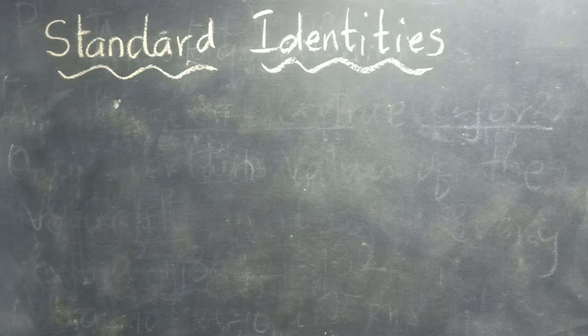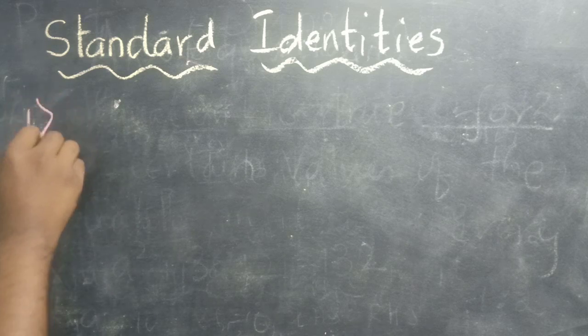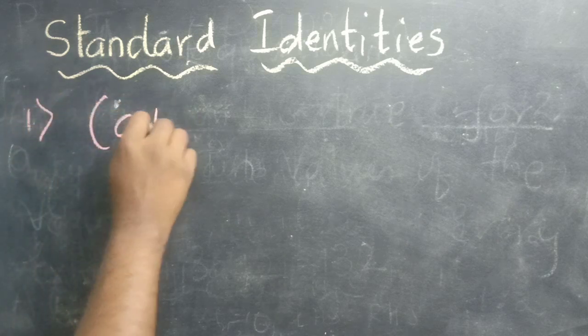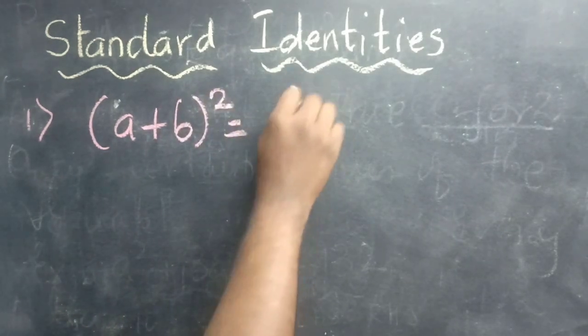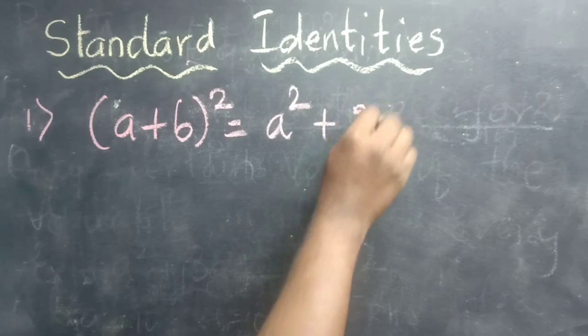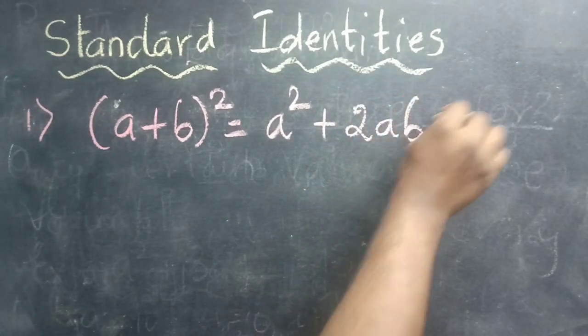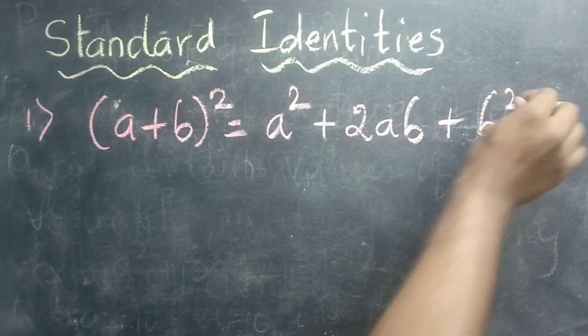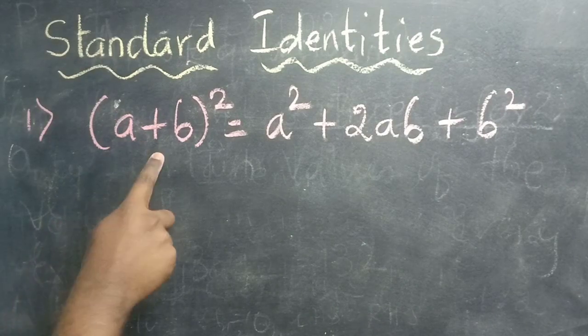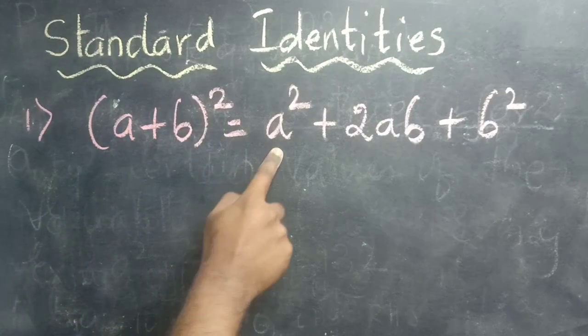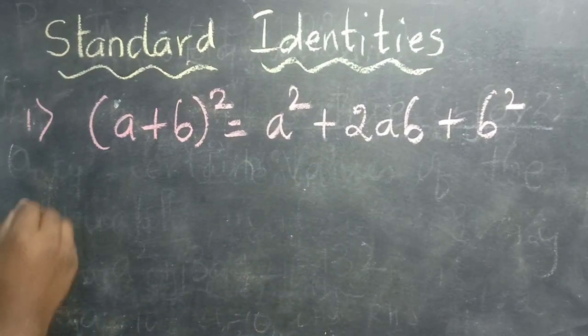The first standard identity is a plus b whole square equals a square plus 2ab plus b square. This is the first standard identity. A plus b whole square equals a square plus 2ab plus b square.